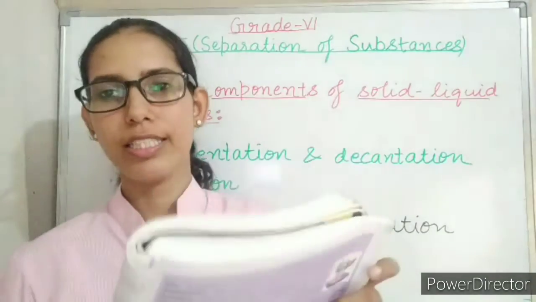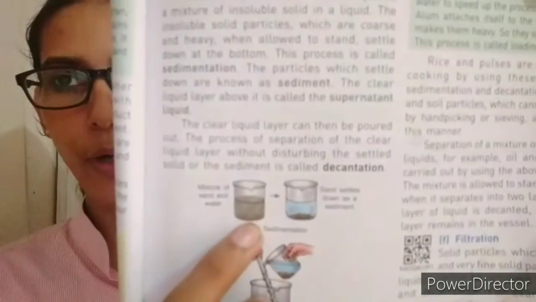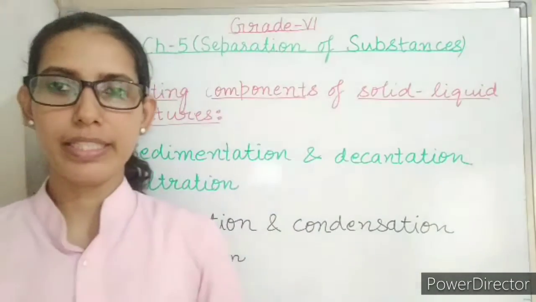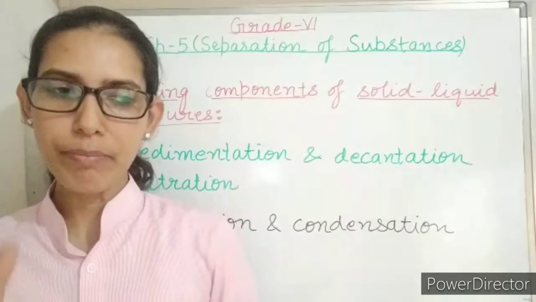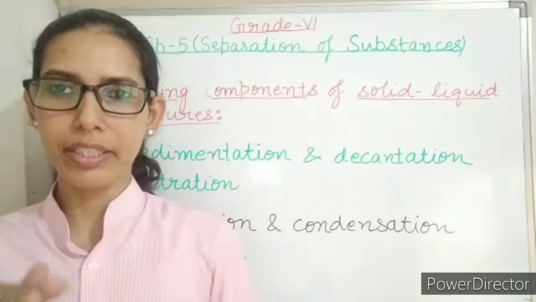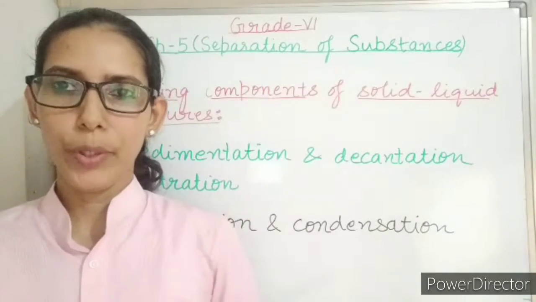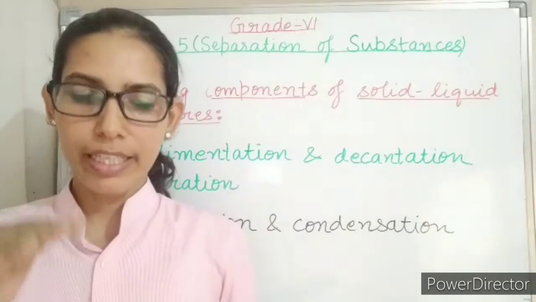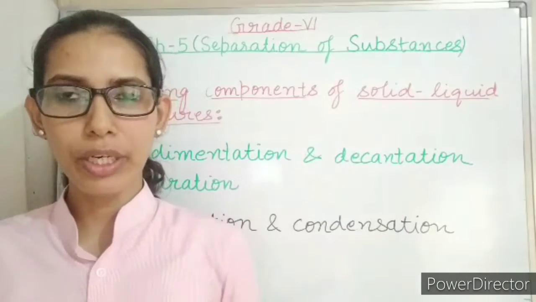Here you can see this is a mixture of sand and water. In sedimentation, the mixture is left undisturbed for some time so that the sand particles settle down at the bottom.